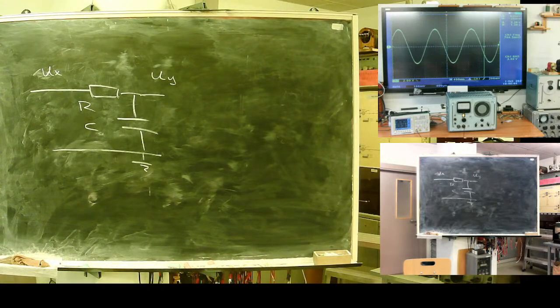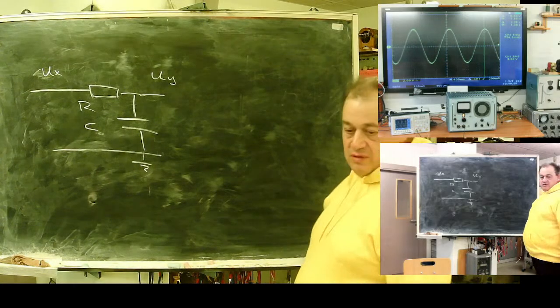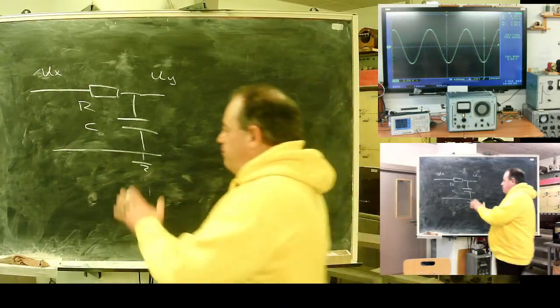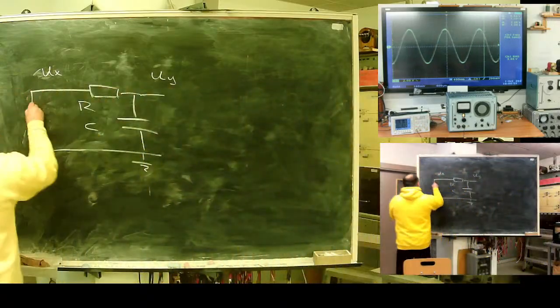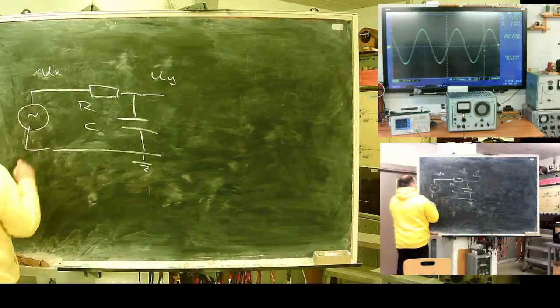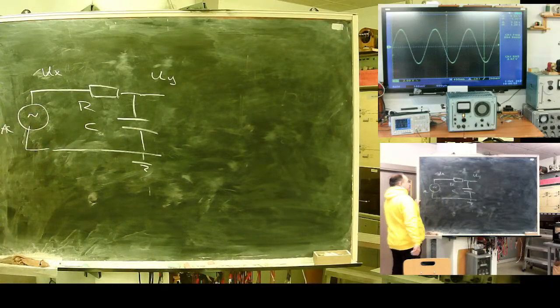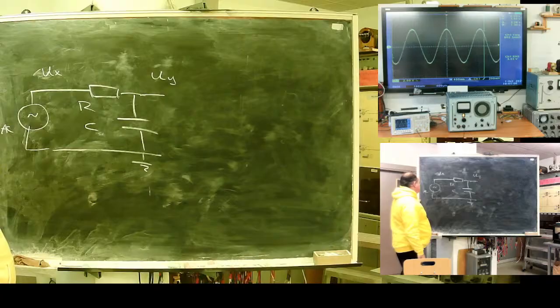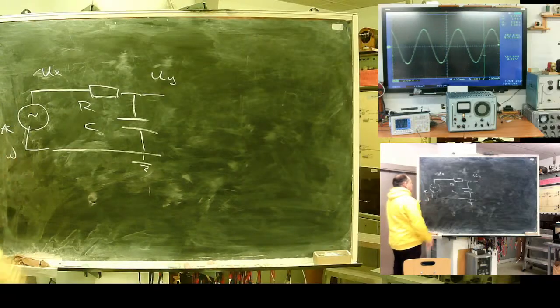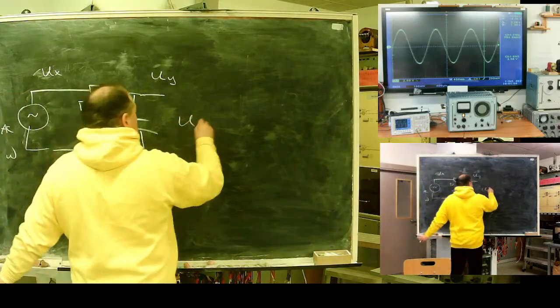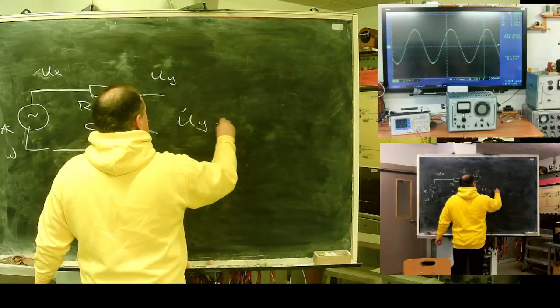The simplest circuit I can use. Let's say it's powered from a simple AC source with frequency omega. What will the output be?